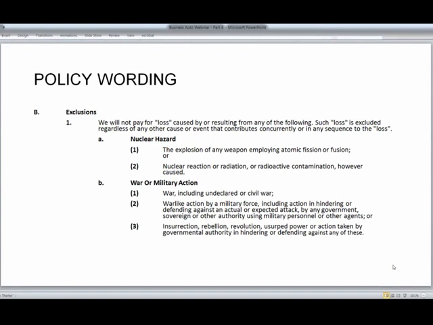Again, neither one of those things is very apt to happen to vehicles that we're dealing with, but you have the cause of loss involved in the nuclear contamination, and you have the use of the vehicle in war. Both of those are typically in the marketplace because of demands from the reinsurance company, mainly because of Lloyd's. Lloyd's does not want to reinsure policies covering property without these two exclusions.